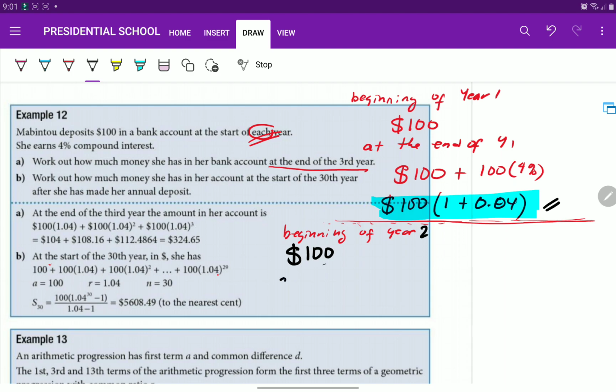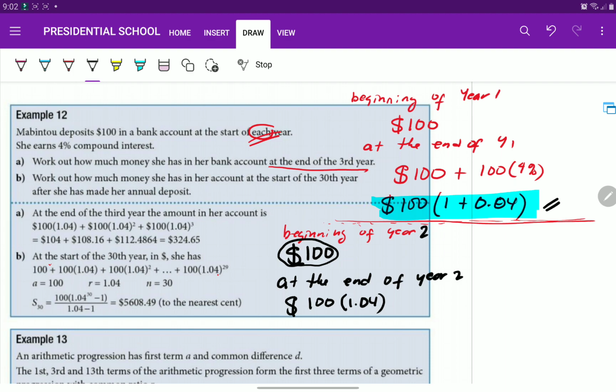So at the end of year 2, just for you to understand, how much is the money in the bank? This $100 that she deposited at the beginning of year 2 earns interest of 4%. So that's going to be 1.04.